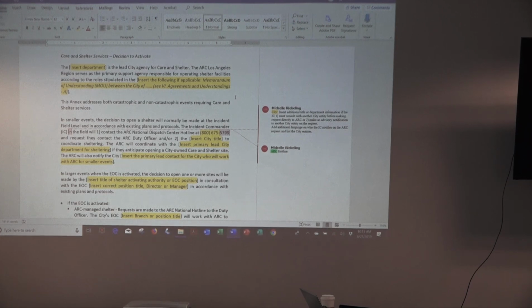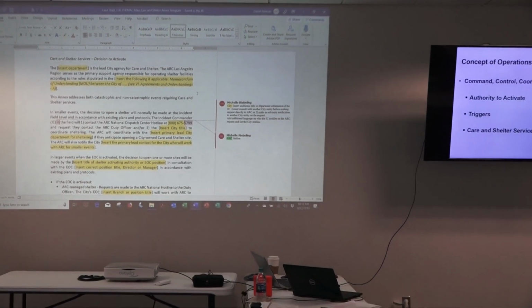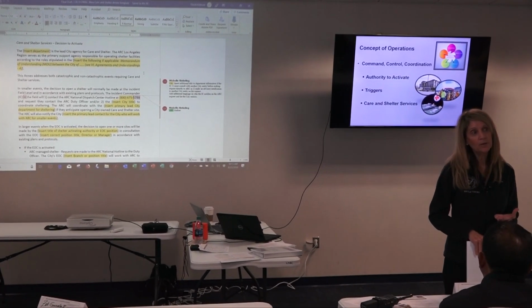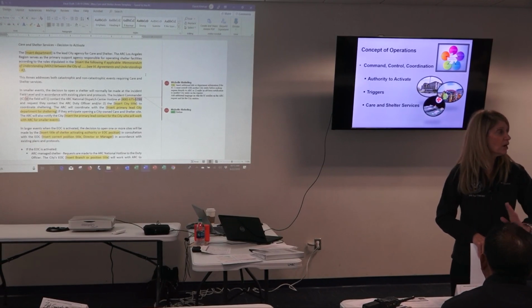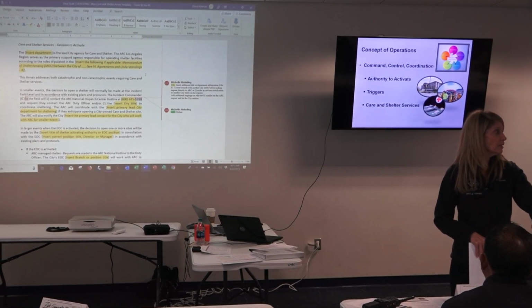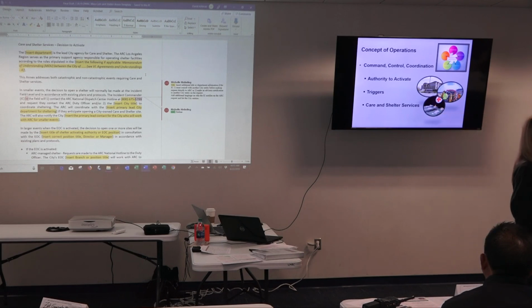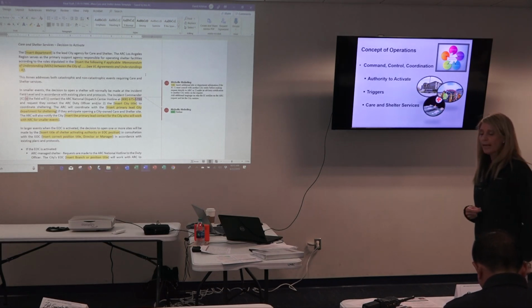Now, I want to stop here for a second because a lot of people get confused. There's a difference between the person that makes the decision to activate a shelter and the person that carries out the shelter operation. Get that? So if you have a unified command that says, you know what, we're evacuating people and we're going to need to open up a shelter, there's one of two things that are going to happen.